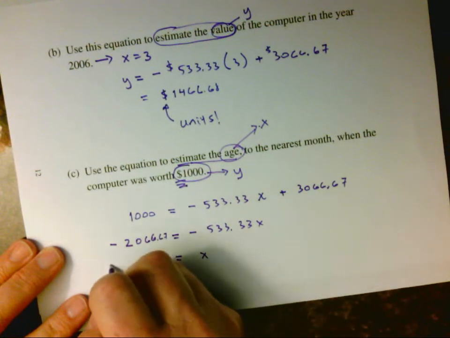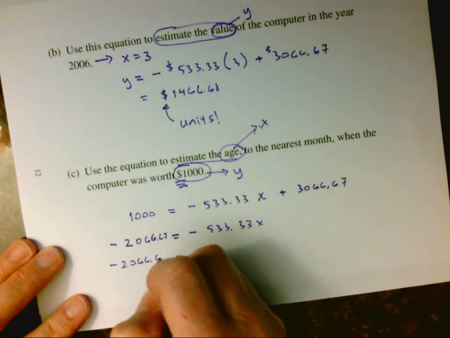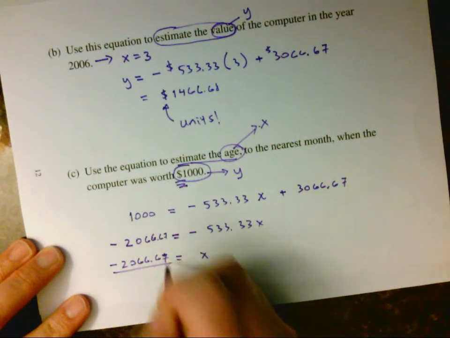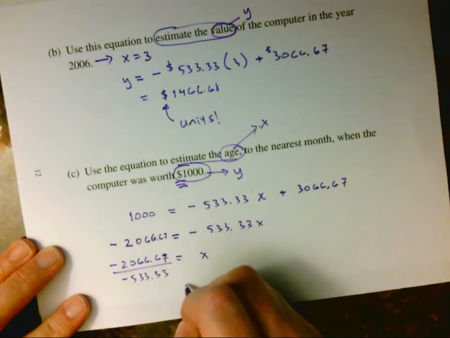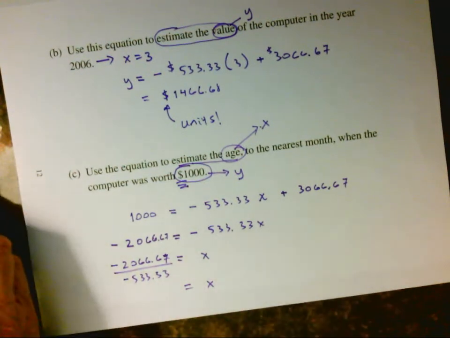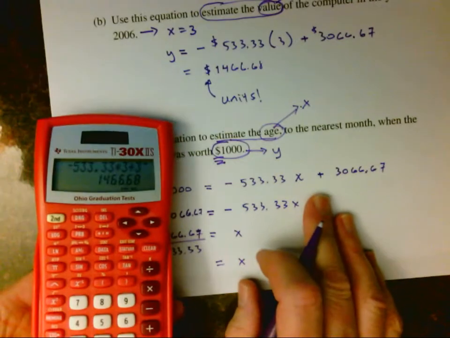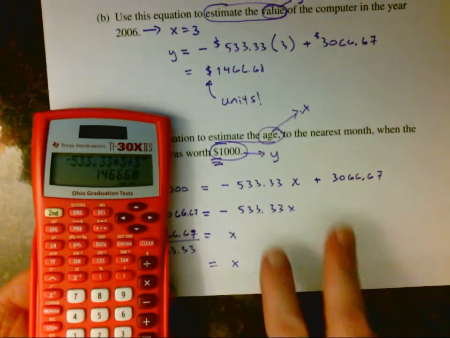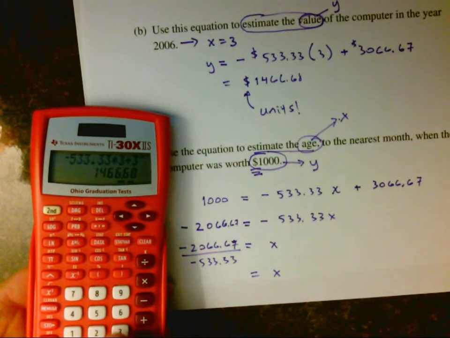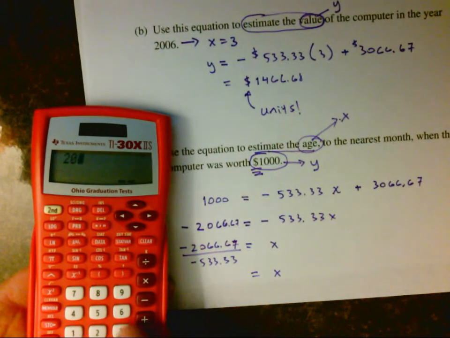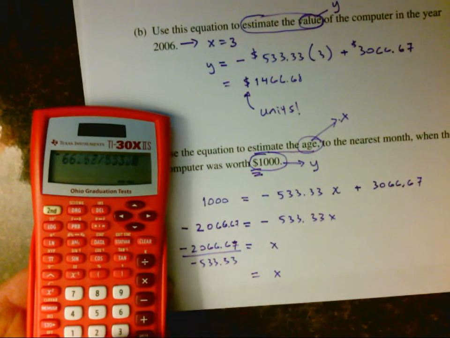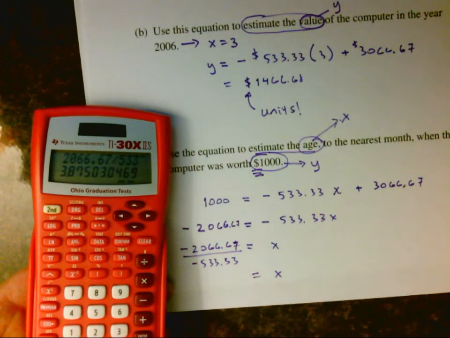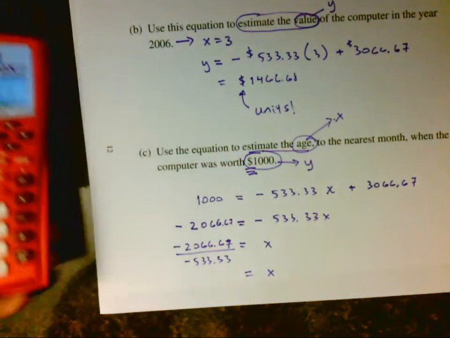So negative 2066.67 divided by negative 533.33, and see what you get. Now we're dividing negative by negative, so that's going to be positive. I'll simply drop off the negatives. 2066.67 divided by 533.33. You get 3.875.